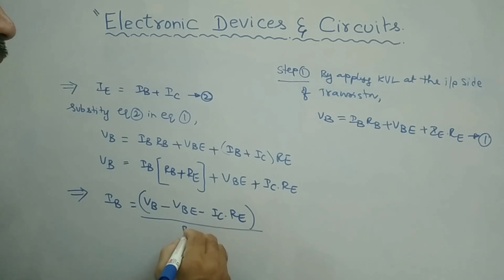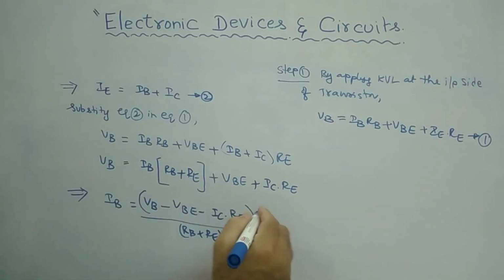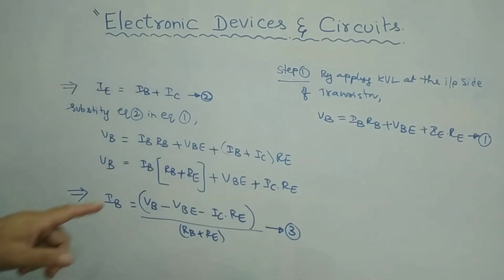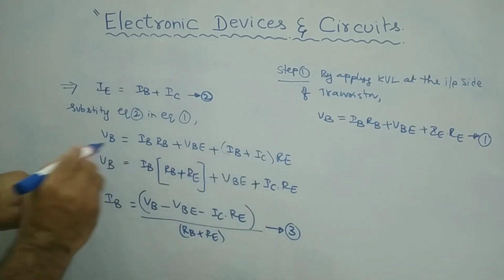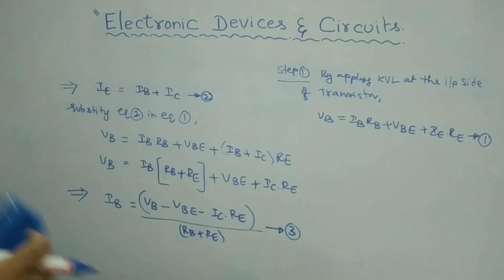Am I correct or not? This you can call equation number 3. Therefore IB is equal to VB minus VBE minus IC into RE by RB plus RE. Absolutely correct. No doubt at all.